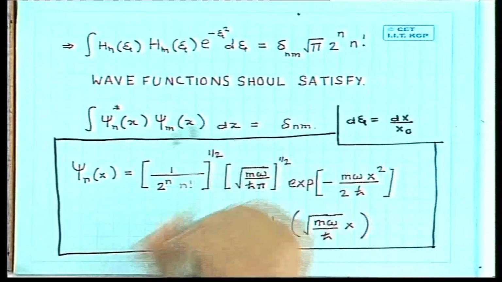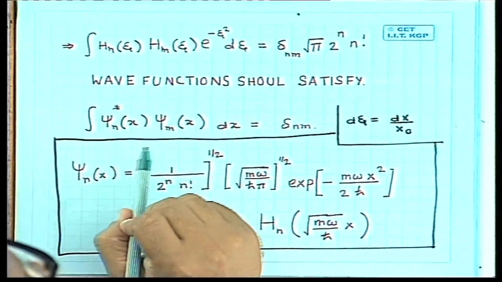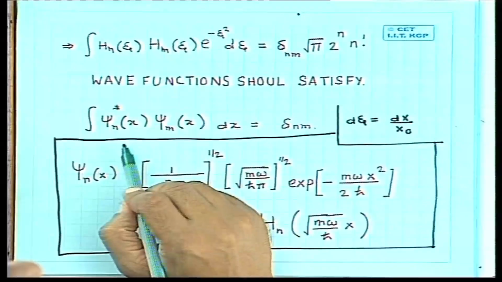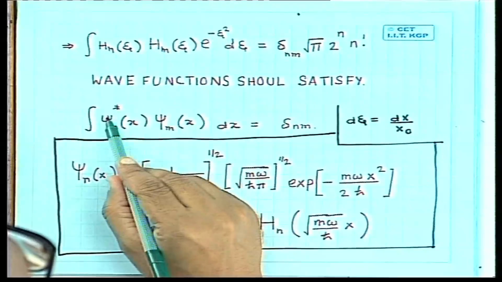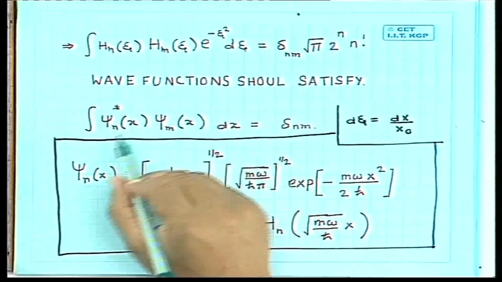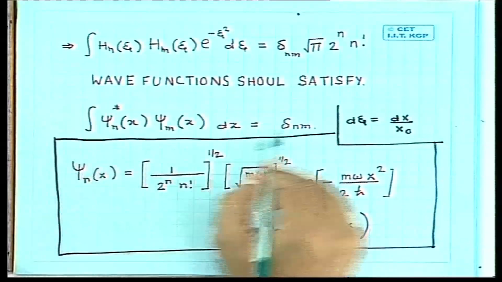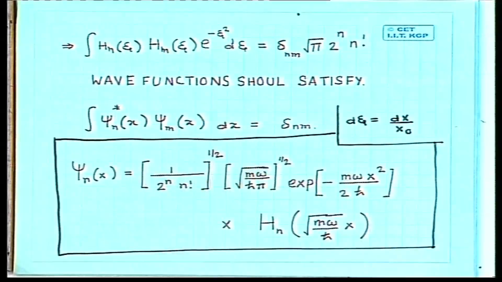In addition, we would like that when they are the same, that is, if we take the same wave function and multiply it by its complex conjugate and then integrate over dx, we should get 1. So we want this relation to hold between the wave functions.